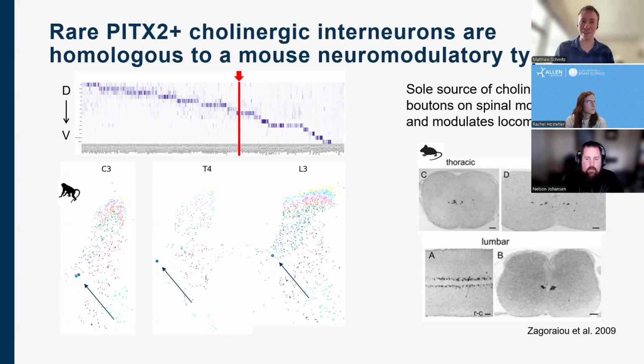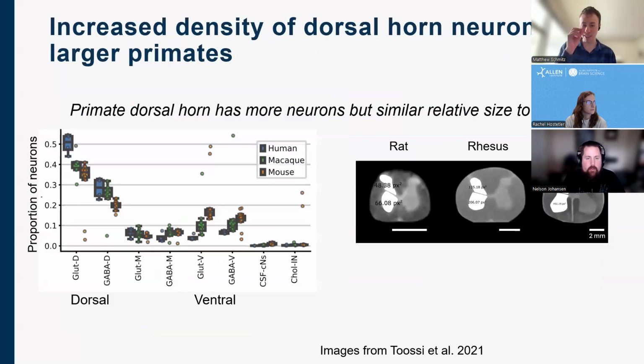They're this cool, distinct population, and they form this very small little column towards the medial part of the spinal cord. You can see that we have 1 or 2 cells per section. But because we have this in-depth transcriptomic information, we're able to pull those out and recognize that this column, which has been seen in mouse, indeed is also seen in primates.